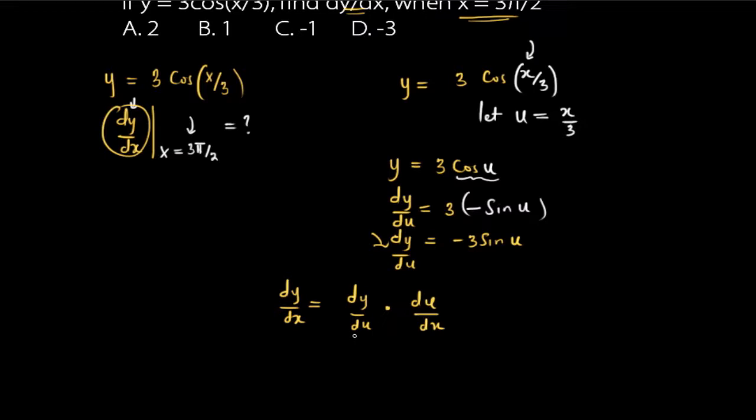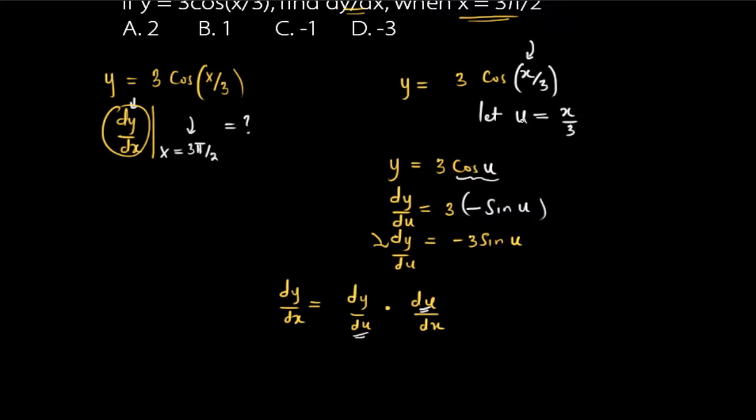You observe that there is du here and du here. In a way you could think of it as crossing out, but it's not permissible, you don't have to think like that. To help you remember, this is called the chain rule: dy/dx equals dy/du multiplied by du/dx.